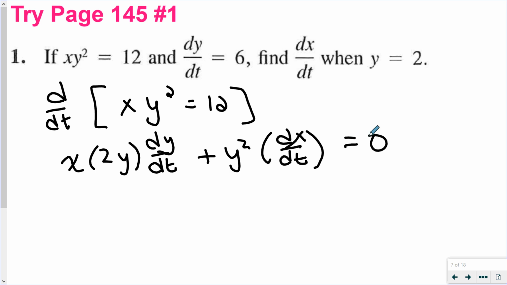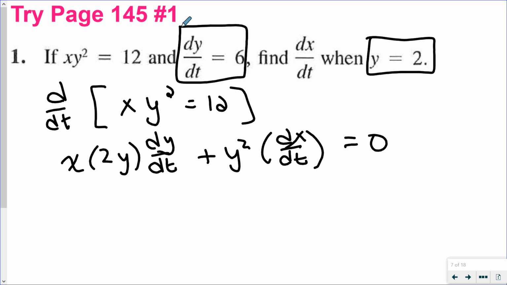So at this point here, it looks a little bit ugly, but we're just going to substitute in the values that we know. Okay, so we know that y equals 2. So anytime I have a y, I'm going to substitute in 2. I know what dy by dt is, and I'm trying to find dx by dt. But it looks like I don't know what x is right away. So I'm going to have to do a little bit of work.